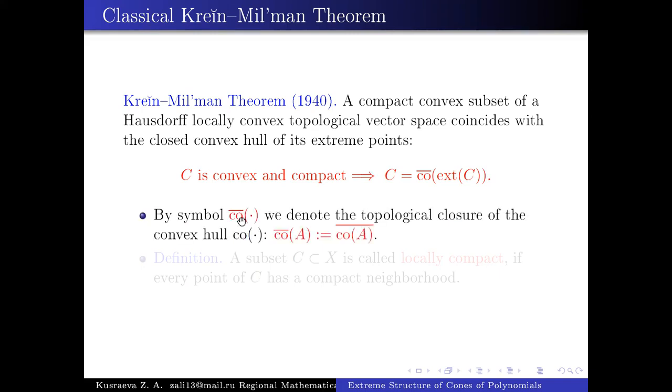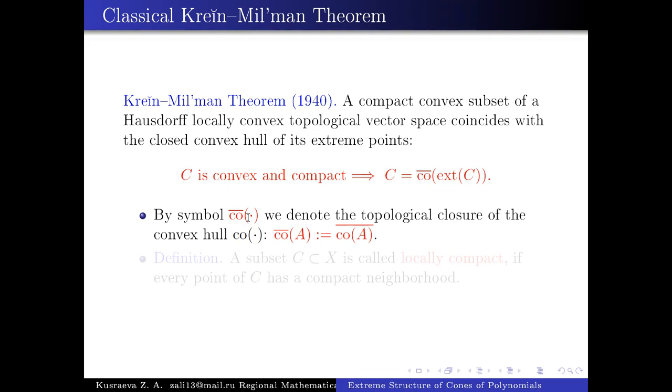By the symbol cobar, we denote the topological closure of the convex hull. A locally convex topological vector space is a topological vector space whose topology is determined by a family of semi-norms.